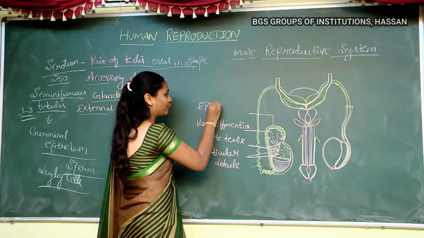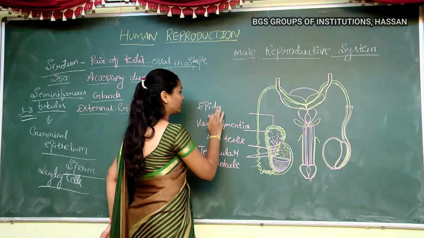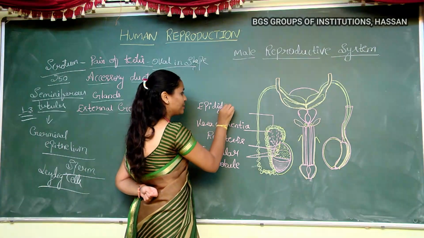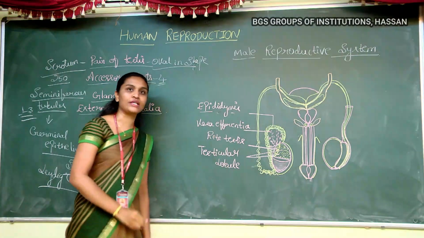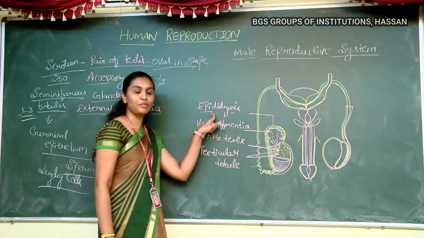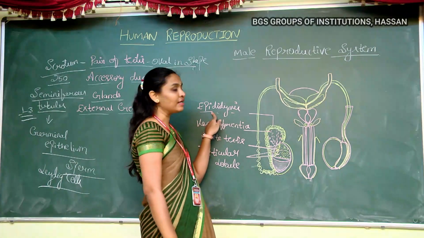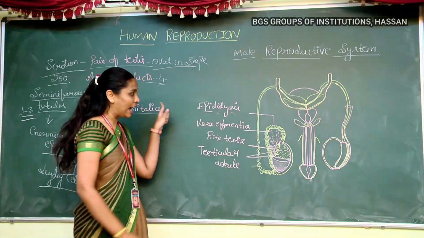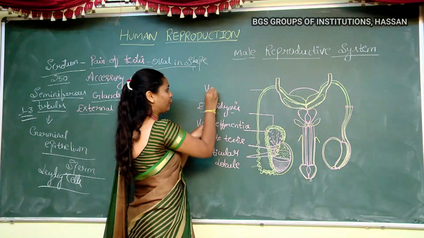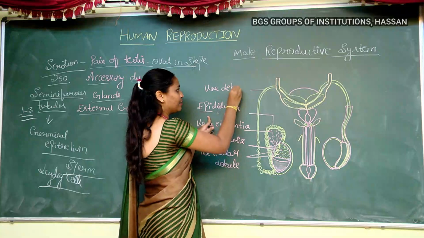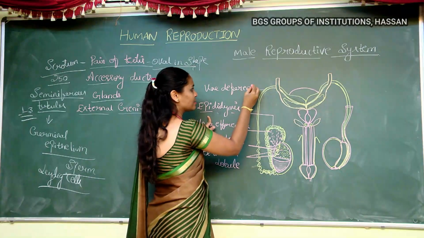The vasa efferentia opens into epididymis, that is present at the posterior surface of the testis, and epididymis leads to vas deferens.